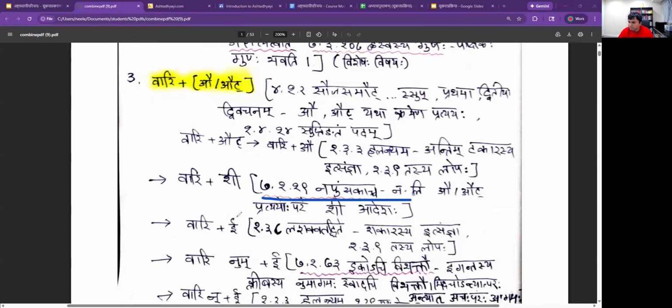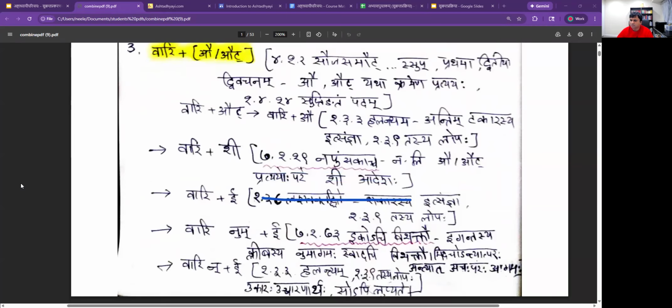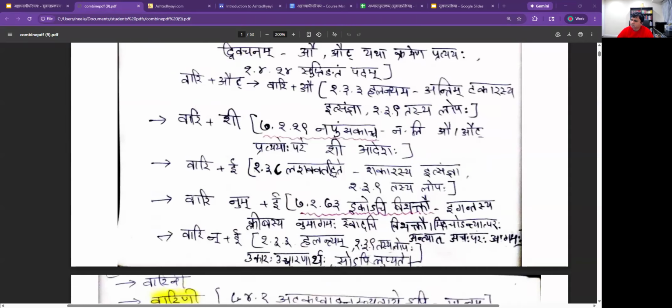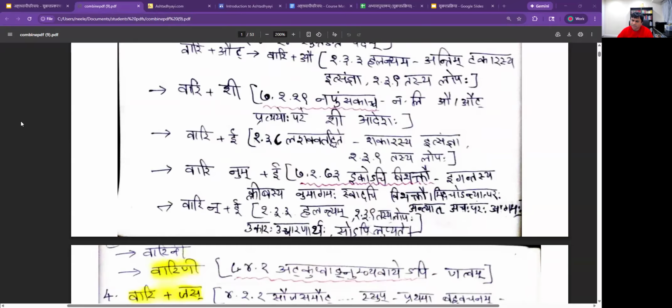Vari plus Shi. Atra sutra sankhya 7119, napumsakasya napumsakalinga au aut pratyaye pare shi adeshah. We get angasya, after that napumsakasya, so Vari plus Shi.